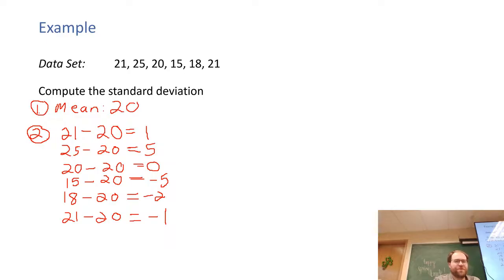Then your next step is going to be squaring each of those numbers that you get from here.